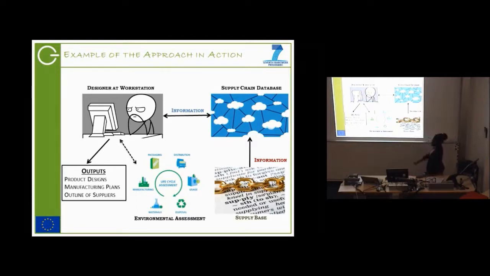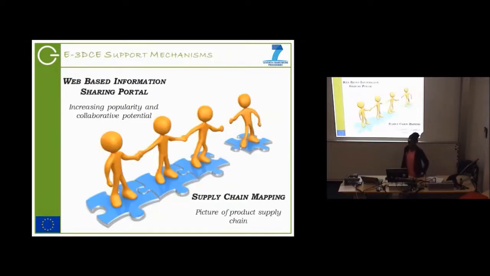To do that, you would need information, and you can have your information in your supply chain database, which feeds into your product designer. And that information has to come from your supply base. And obviously you can do your environmental assessments and then go back and forth to see how your decisions make any differences based on what you choose for your supply and where your products are coming from.